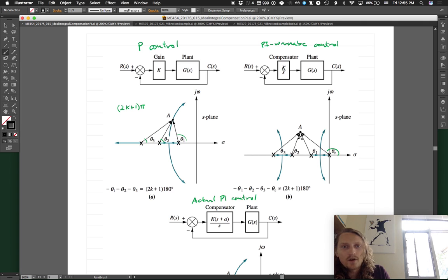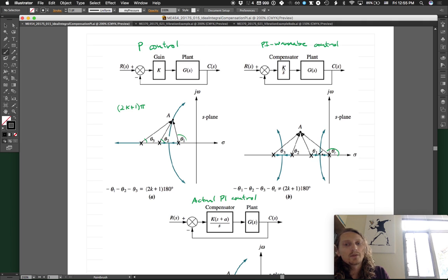So, say we just thought that maybe PI control would work by just sticking in a gain and then dividing by s, so putting in an integrator, just naively doing that. The entire root locus changes. Notice that instead of having no locus in this region to the right of this first pole, we now have locus in between the integrator pole at the origin and that first pole.